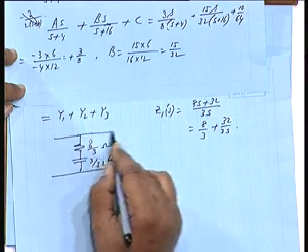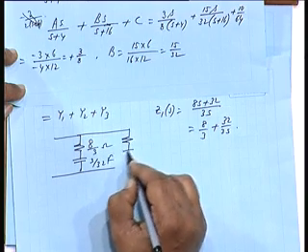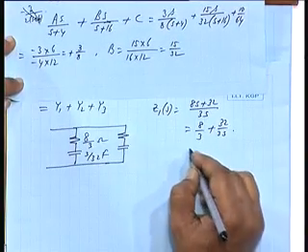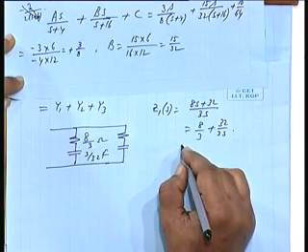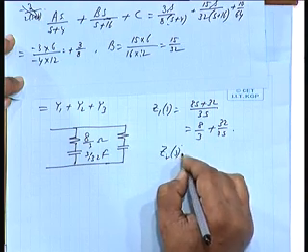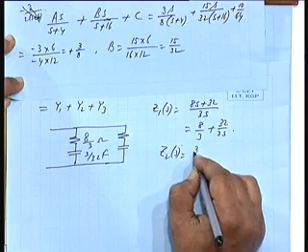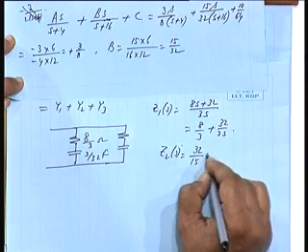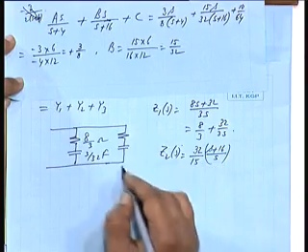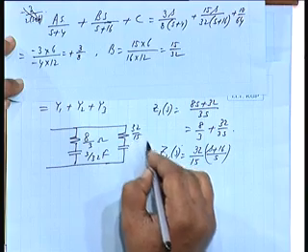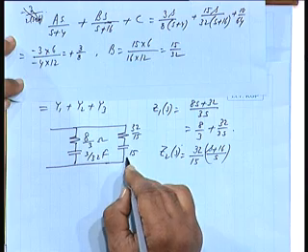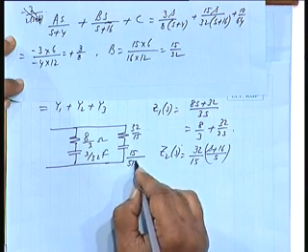Okay. Similarly, y2 will be another RC combination. How much is that? 15 by 32. So, Z2 of s is equal to 32 by 15 plus 16 by s. So, 32 by 15 ohms resistance, okay, and 32 into 16 by 15, so 15 by 512 farads.